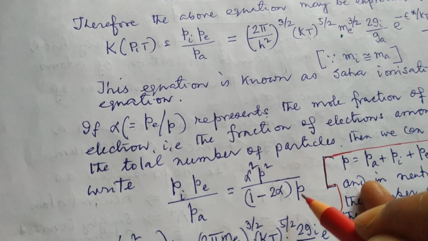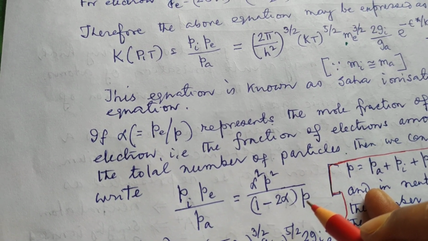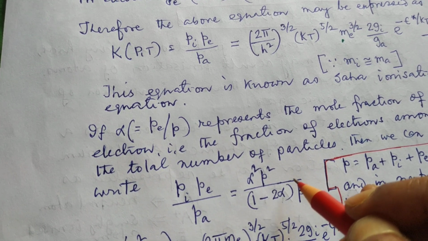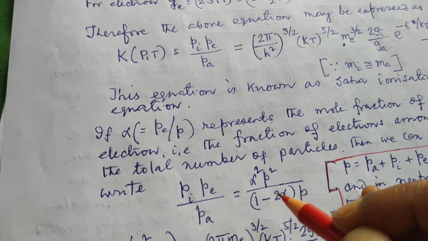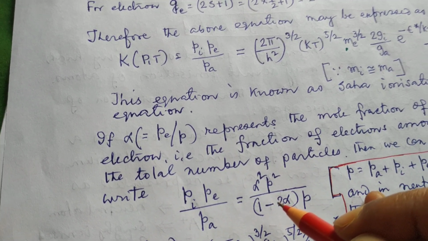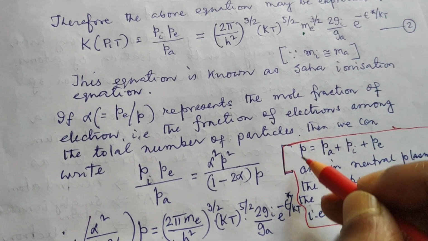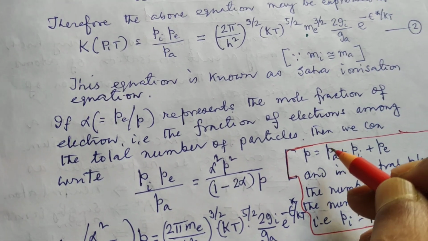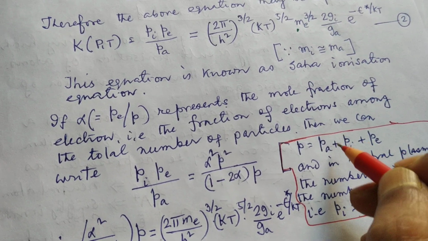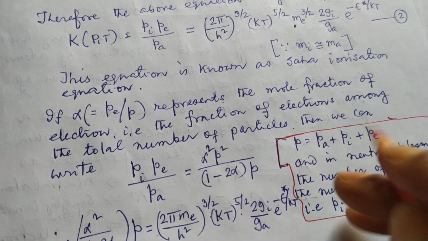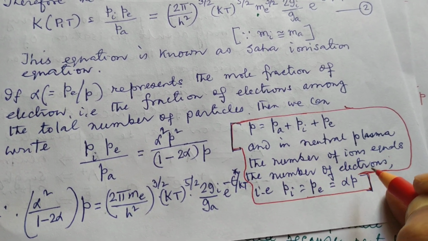Now, when the atom has been ionized, there will be positive ions, there will be negative electrons, and some atoms which have not been ionized. So the total pressure will be P equals Pa, the partial pressure of the neutral atom, plus Pi, the partial pressure of the ion, plus Pe, the partial pressure of the electron. And in a neutral plasma, the number of ions equals the number of electrons.